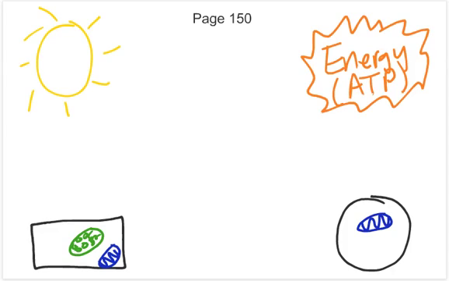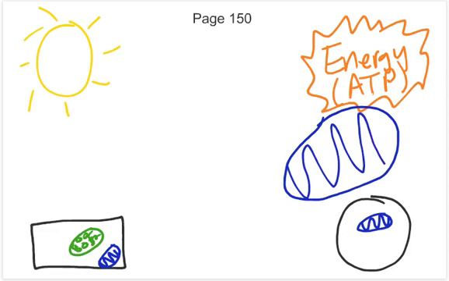So here's my big bean-shaped mitochondria, and then my big chloroplast over here.